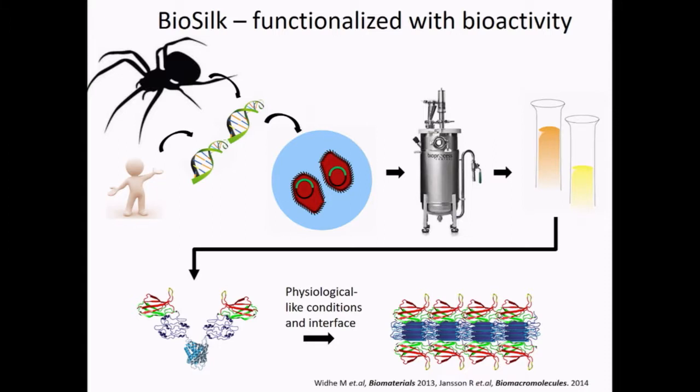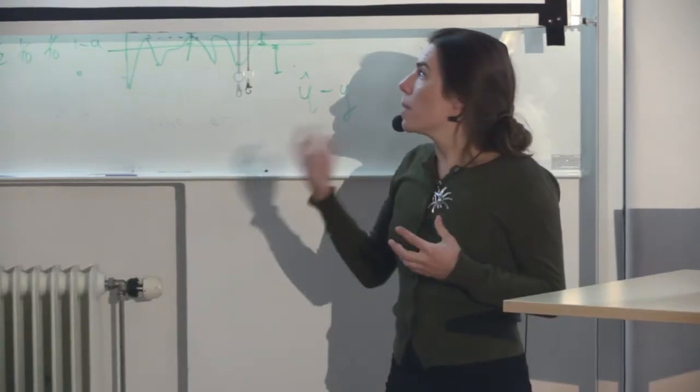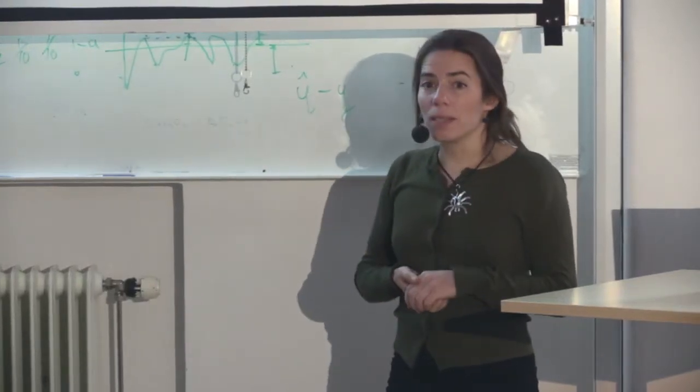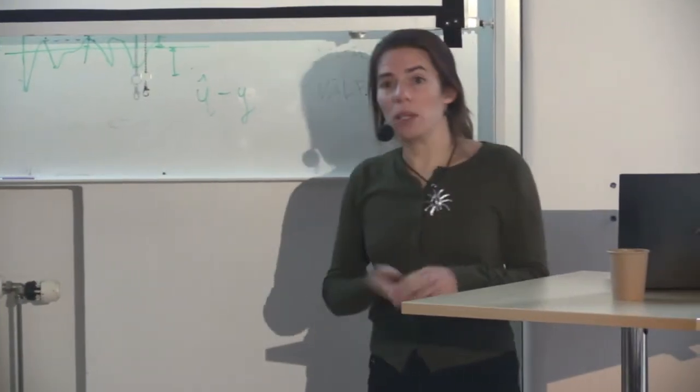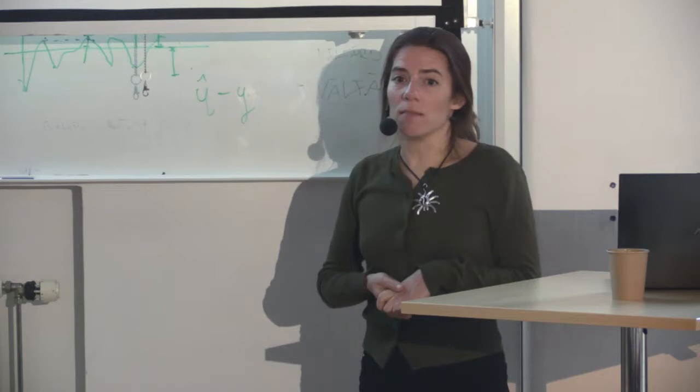And since this happens at this air-water interface, which is a very mild condition, this bioactive module is also kept in a functional way. And it is attached to the silk material and exposed outward with a maintained bioactivity. And this is what we call a biosilk, which means a silk with some bioactive module.